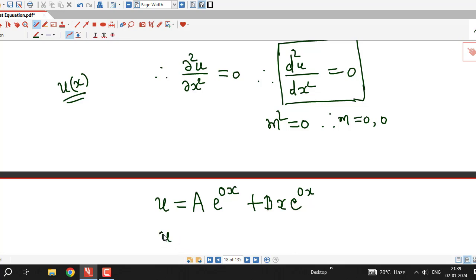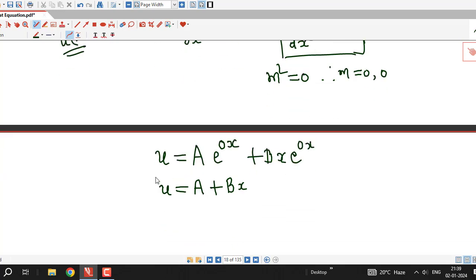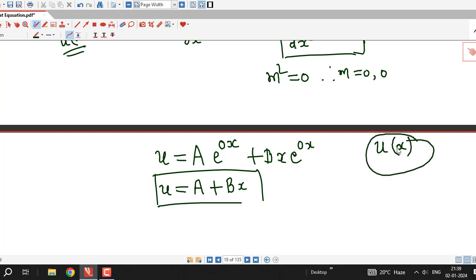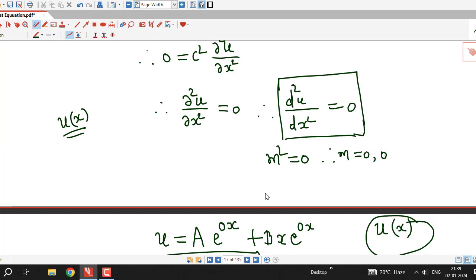Therefore u equal to a plus b times x, because e raised to 0 x is 1. So we can see that the solution is u equal to a plus bx, which is a function of x only, and a and b are arbitrary constants.